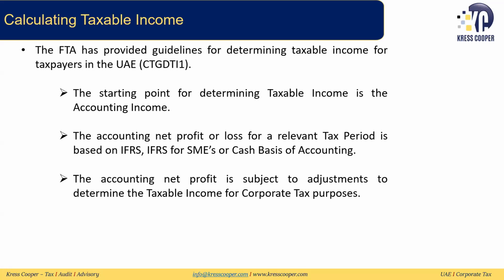If you have sold to them at cost, let's suppose, and you include that in the revenue and say our revenue is less than 50 million, so we'll go for IFRS for SMEs, that is not right. You need to take the adjusted revenue, the one which is at arm's length, and then see where the threshold lies and prepare your financial statements accordingly.